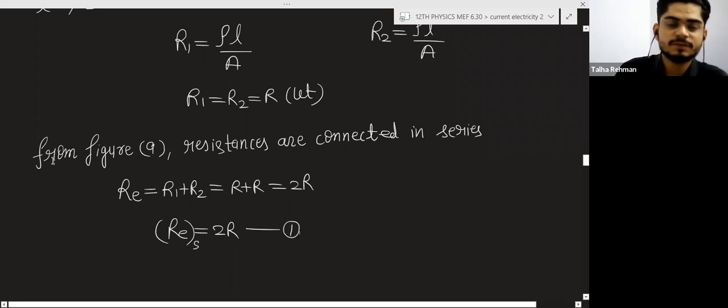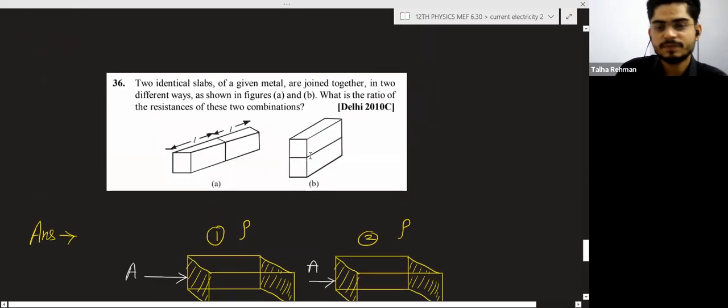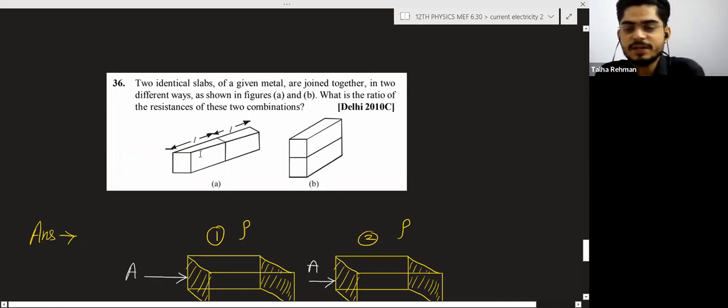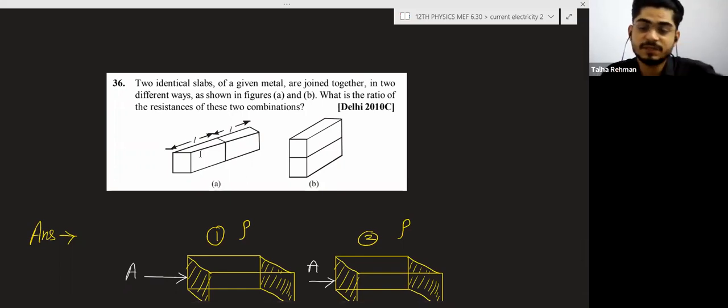Now from figure second, means from figure B, this combination is something different from this. This combination is the combination in which the potential difference will be same. And if the potential difference is same, then this combination is parallel combination.